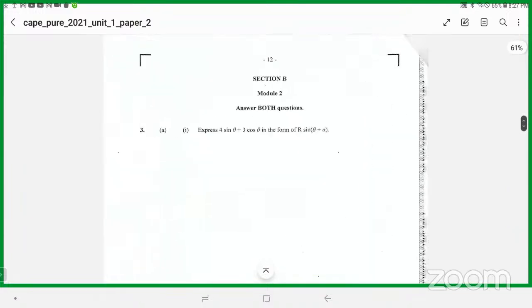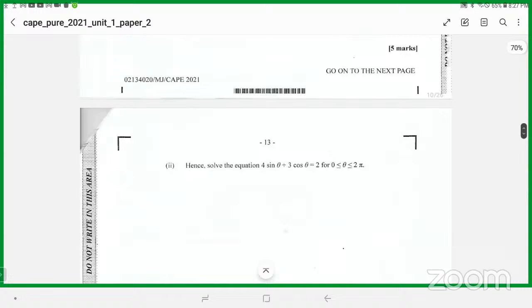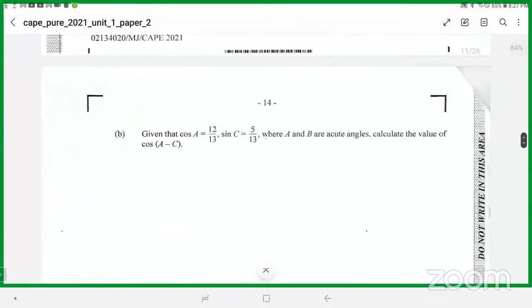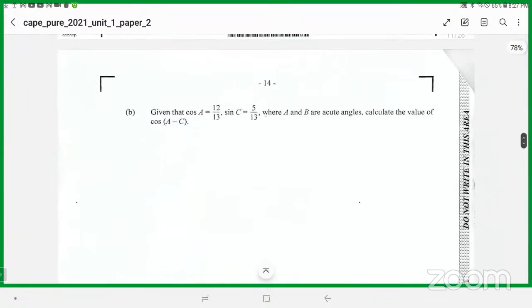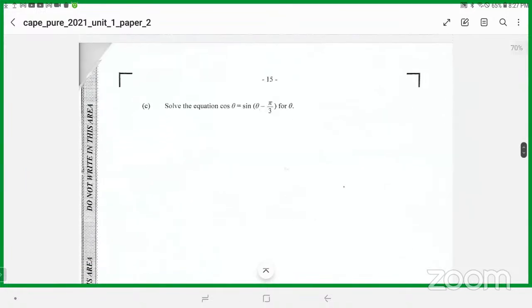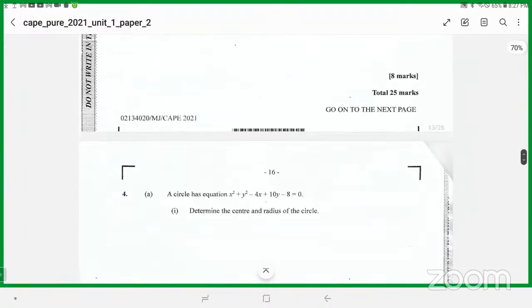Nah, there's no proof on this one. The question was a stupid question. So all right, there's no proof on that.